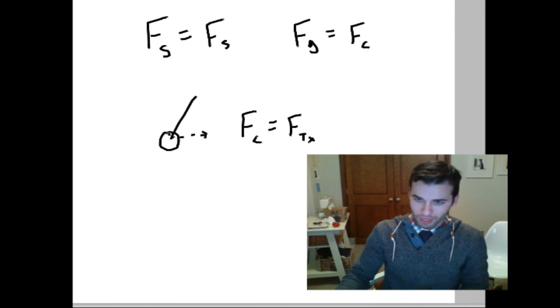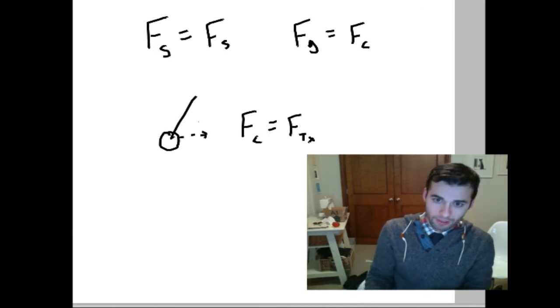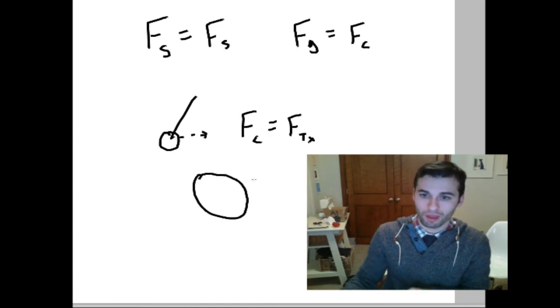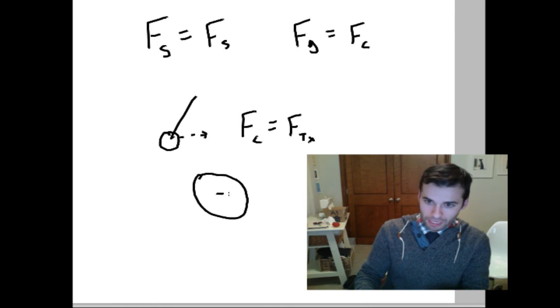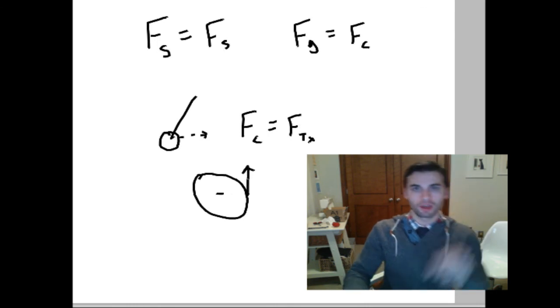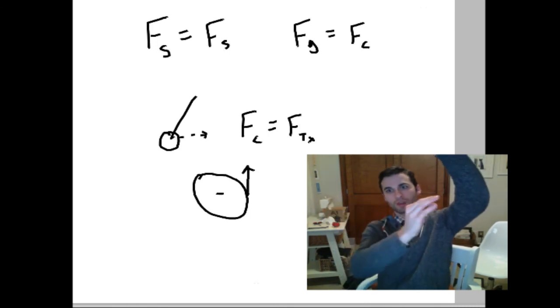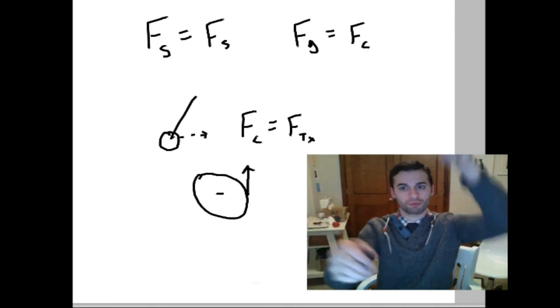Now, remember, anytime an object no longer has that centripetal force, it will leave with whatever velocity it had tangent to that path. So if you're dealing with a conical pendulum, it will leave as a horizontal projectile.